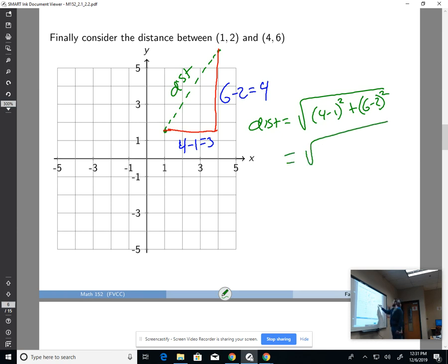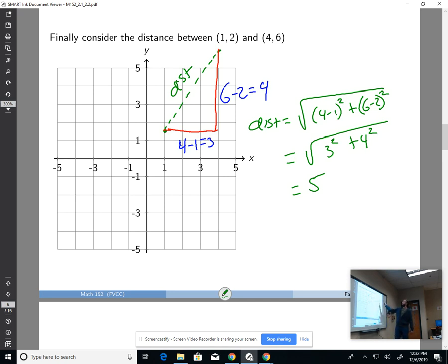This is the square root of 3 squared plus 4 squared, and this turns out to be 5. The square root of 25 is 5. Again, we want the positive number here. Any carpenter would know that's the way we make things square, a nice 3, 4, 5 triangle.